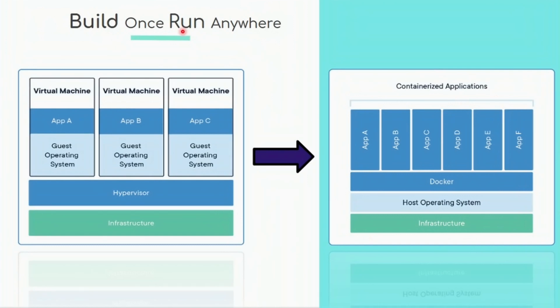Now, in a traditional scheme of things, and I'm sure all of you have experimented, you could have a Windows laptop here, which is your infrastructure. Then is your hypervisor, which could be the Windows hypervisor if you're running, let's say, Pro Edition, or it could be WSL2.